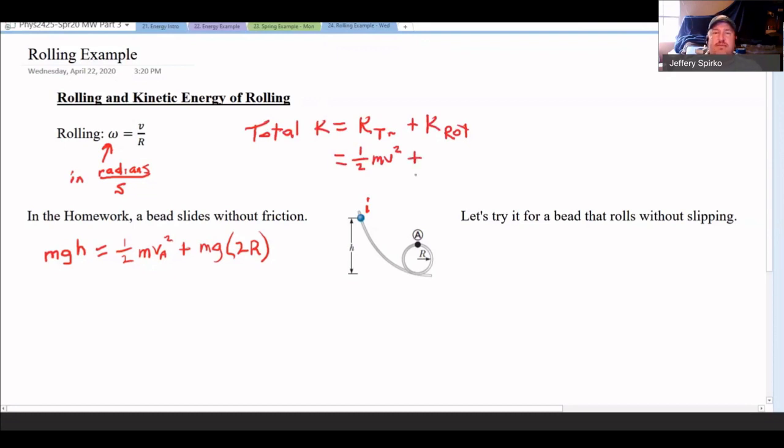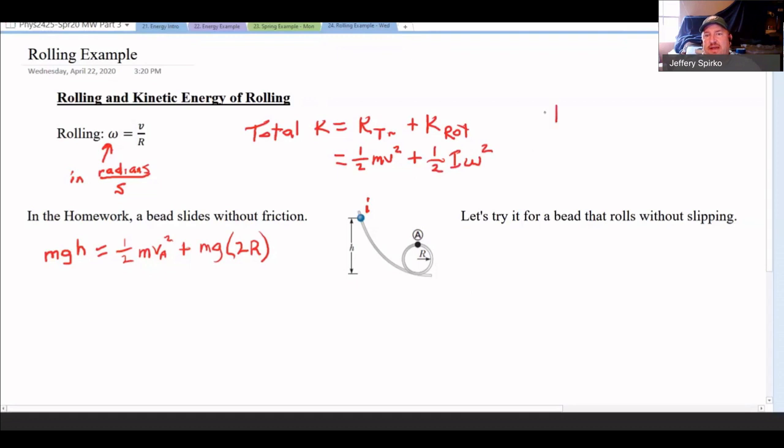But we need something to account for the fact that when something is rotating in place, it has additional kinetic energy beyond the regular 1/2 mv squared of the entire object. So if you have this object that is spinning and moving, then we have to add 1/2 I omega squared.